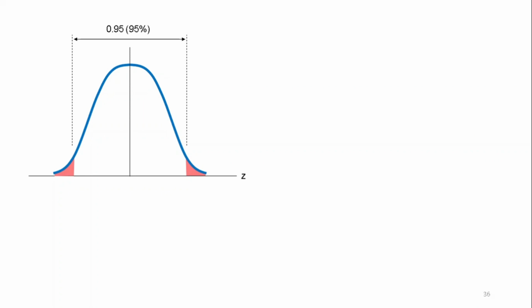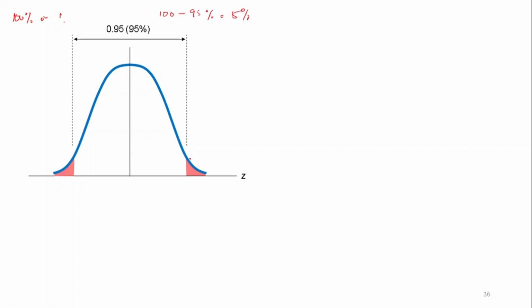We know that the distribution is 100%, or the area under the curve is 1. For a 95% confidence interval, this is 95% or 0.95 probability. Then you find 100 minus 95%, so you get 5%.